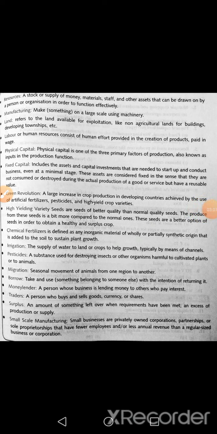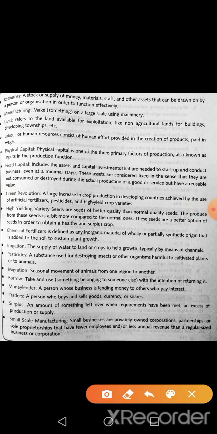Under this, the first point is resources. Resources means a stock or supply of money, materials, staff, and other assets that can be drawn by a person or organization in order to function effectively. Second one, manufacturing.